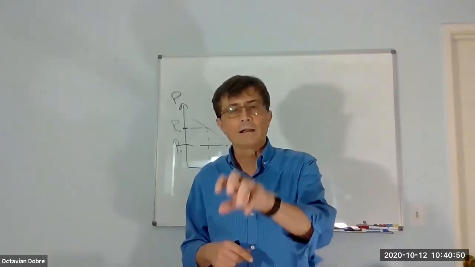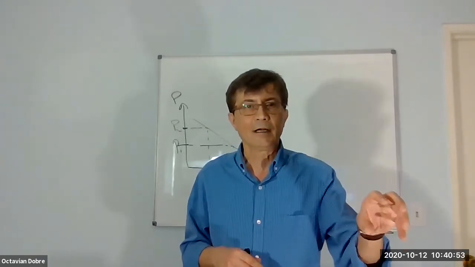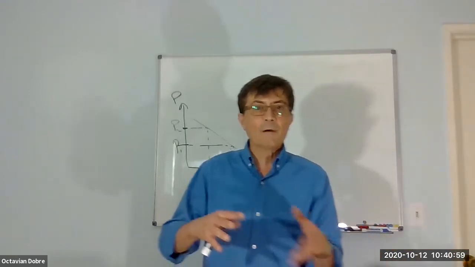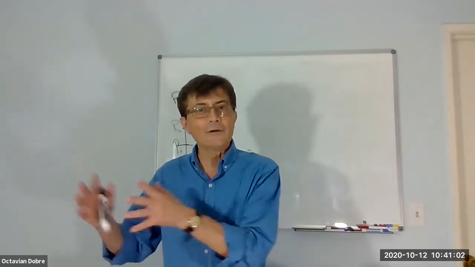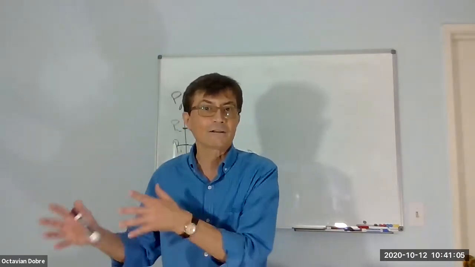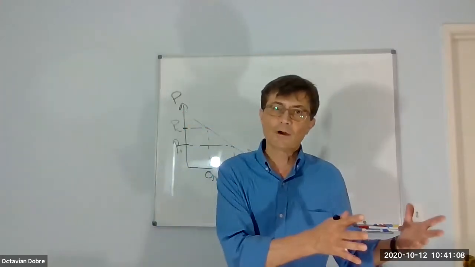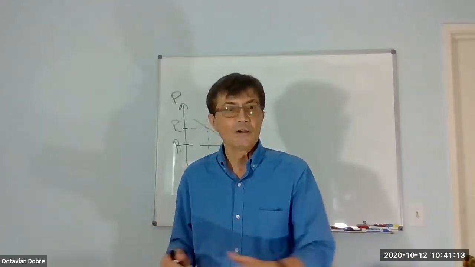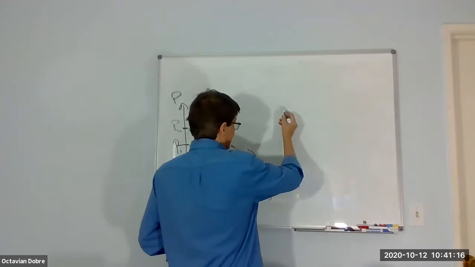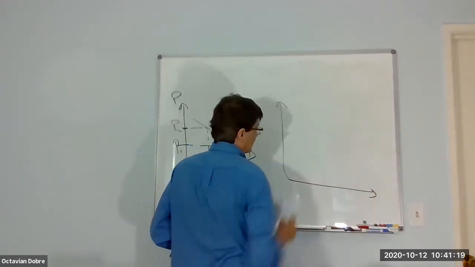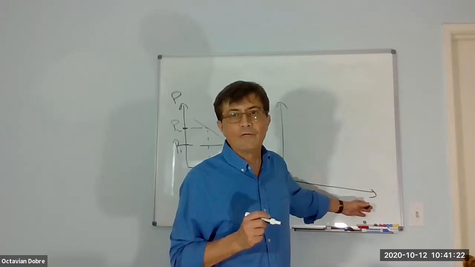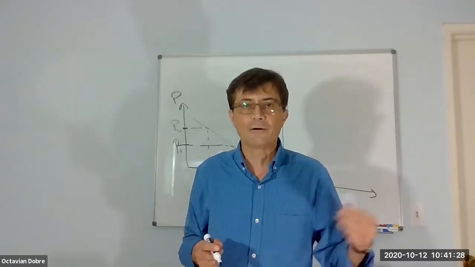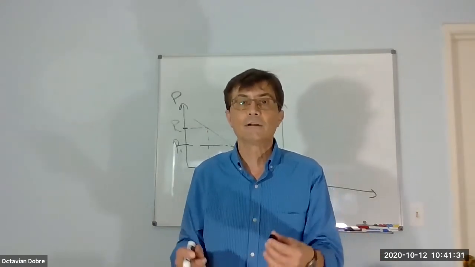If the quantity demanded is higher, the value of the quantity demanded is also going to be higher. Fewer goods and services means lower value, more goods and services means higher value. So on the x-axis, we're going to add the value of all final goods and services. There's a name for the value of all final goods and services, and it's called real GDP.